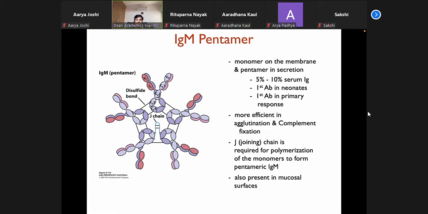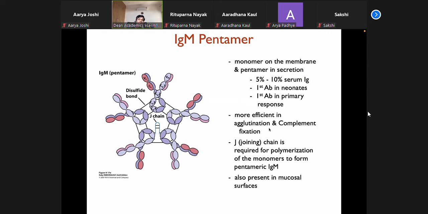This is the first antibody response in neonates and the first antibody response after any primary response following an immunization or infection. It is very efficient in causing what we call agglutination.